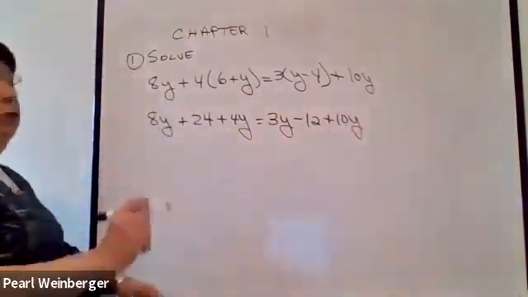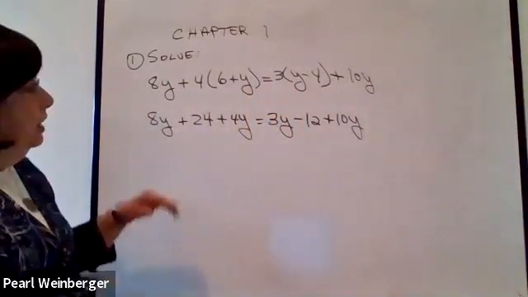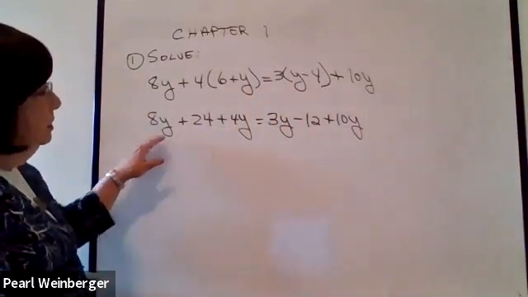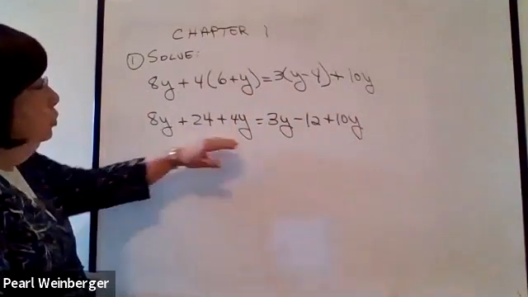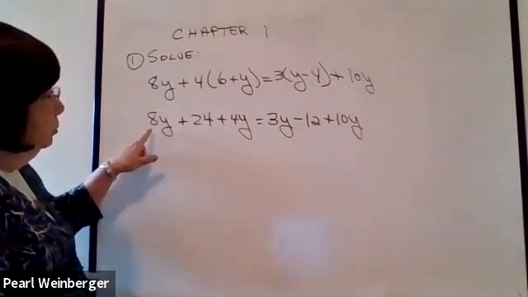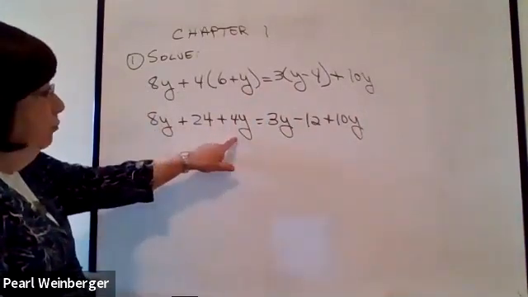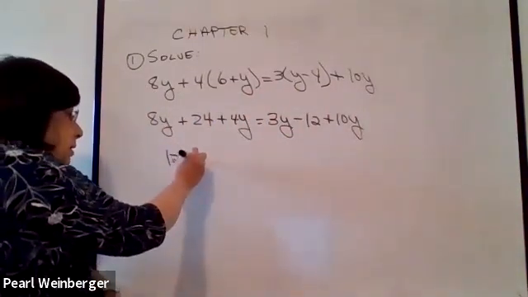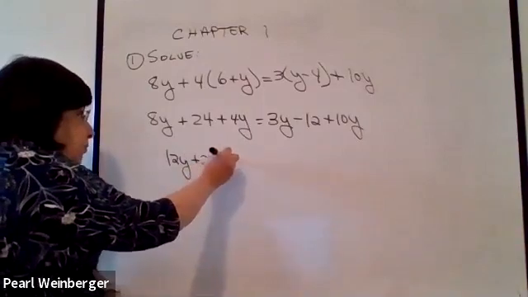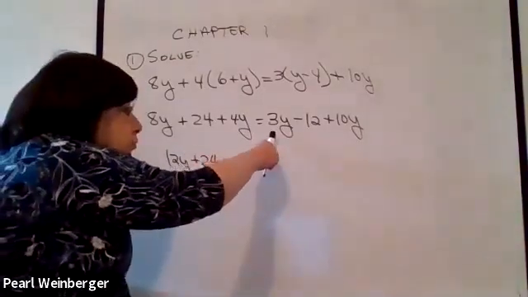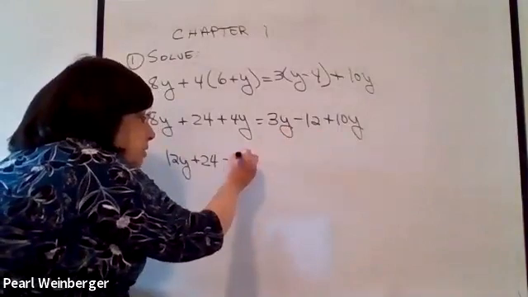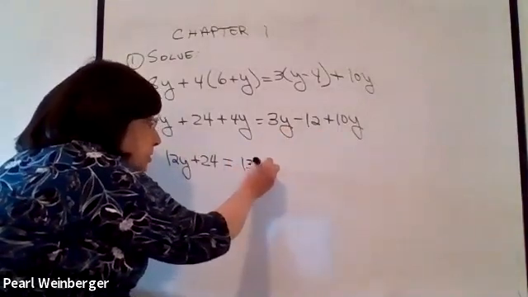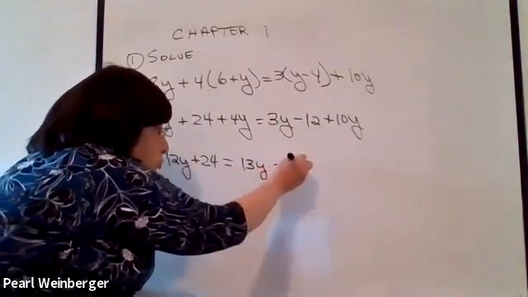So we remove our parentheses, and then the next thing we do is on each side, we try to collect the like terms. Here there's an 8y and a 4y, so those are like terms. That becomes 12y plus 24. And over here we have 3y and 10y. Those are like terms. That gives me 13y minus 12.